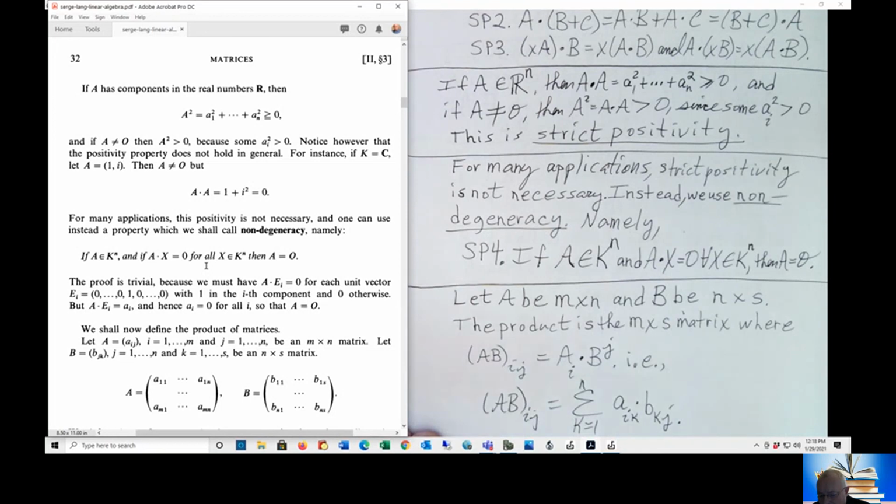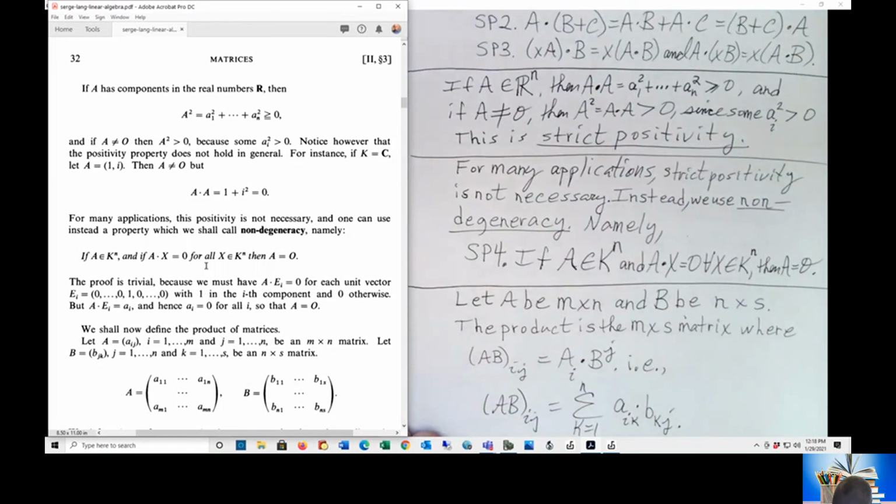A vector space Kn is non-degenerate if the zero vector is the only vector whose dot product with all vectors is 0.